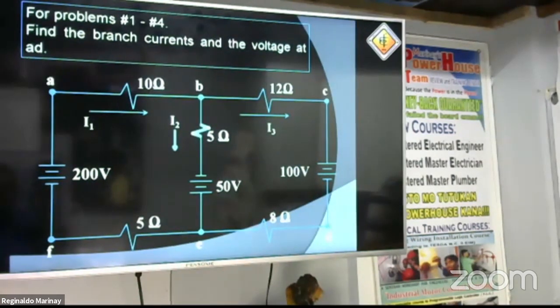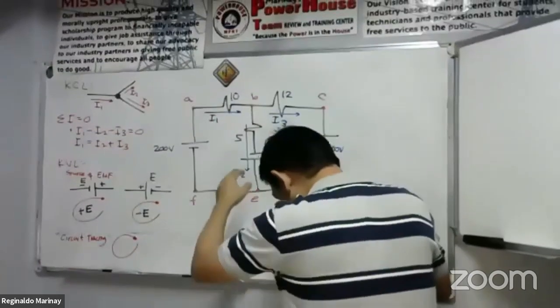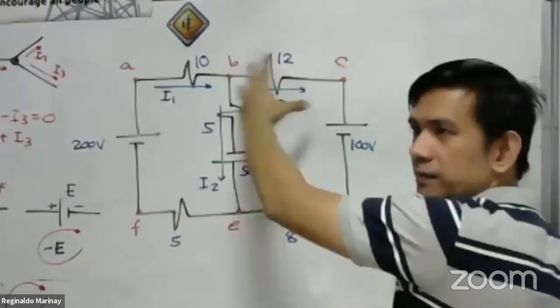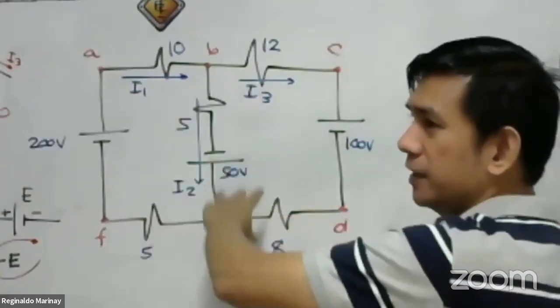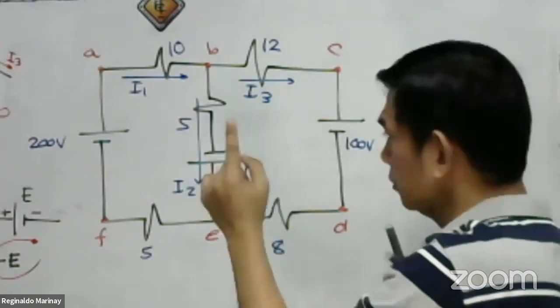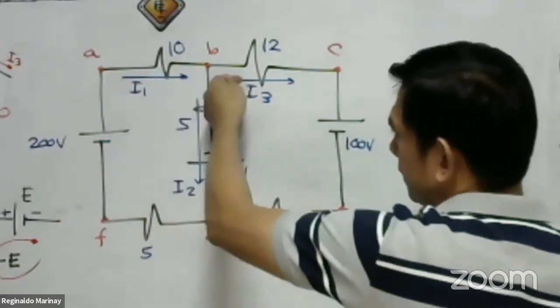So, this is the given. Okay? Kita na natin dito. Nakopya ko na siya. So, ito yung given natin. This is given in our problem. There is already the assumed direction of the current. This is the assumed direction.